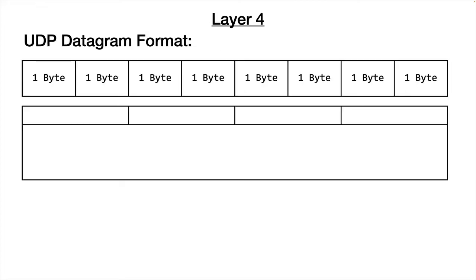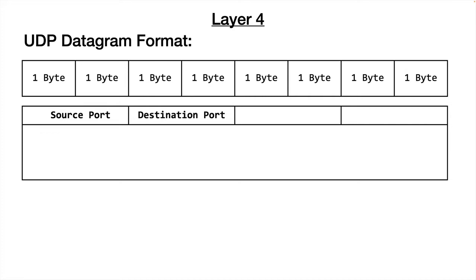Now then, the packet we have been looking at was a UDP packet. So the UDP datagram format is this. We have a source port, which is the port that was randomly generated for the source to use as the endpoint of communications.